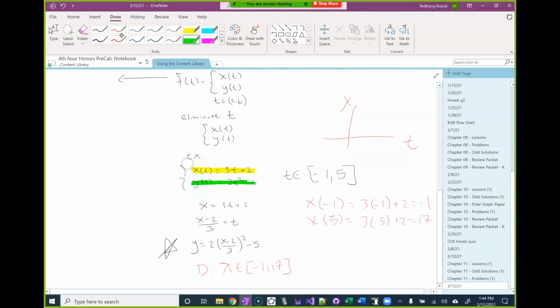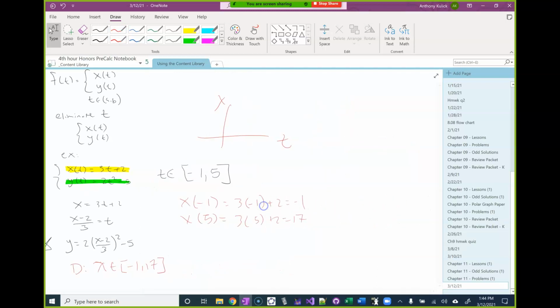My range is going to come from my y-coordinate. So I'm going to think about it the same way. I'm going to think about this as like a t-y axis. Now, what kind of function is 2t squared minus 5? That's quadratic, right? So does that quadratic open up or open down?